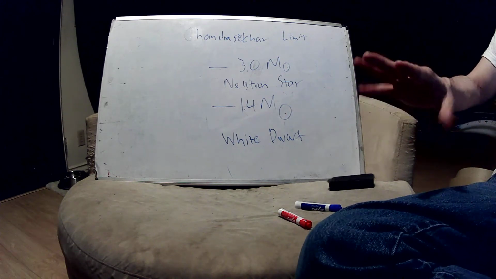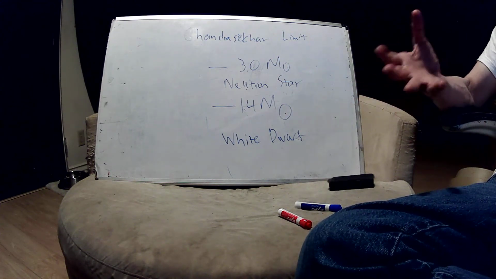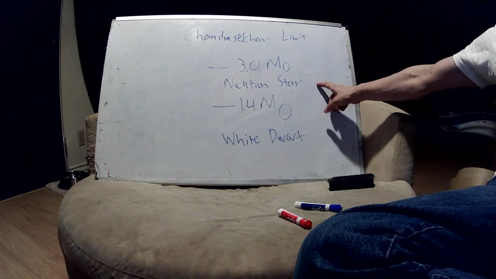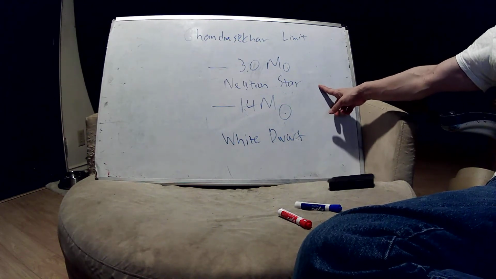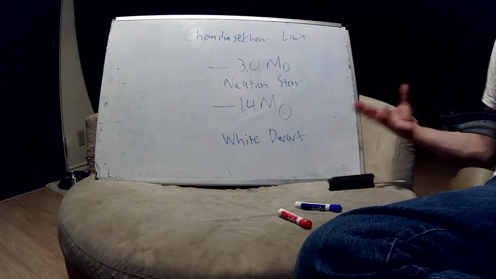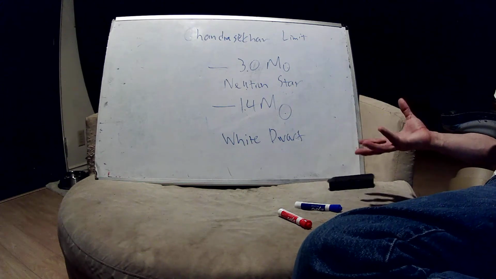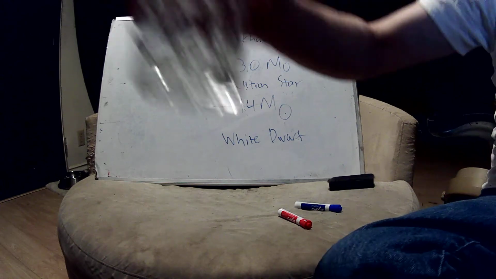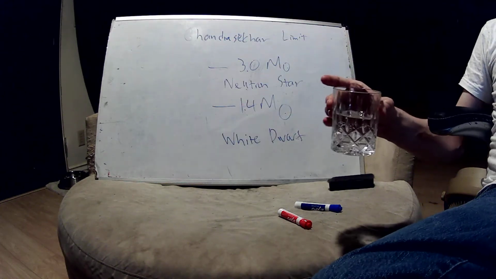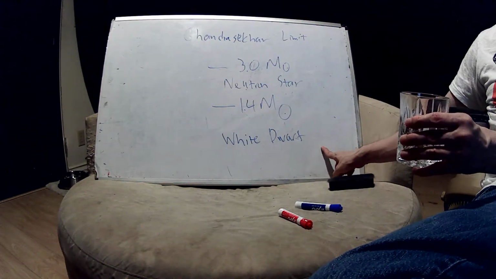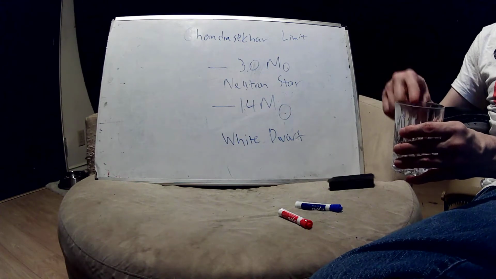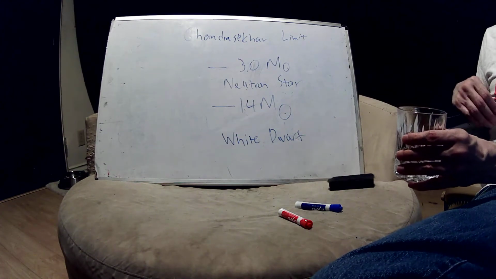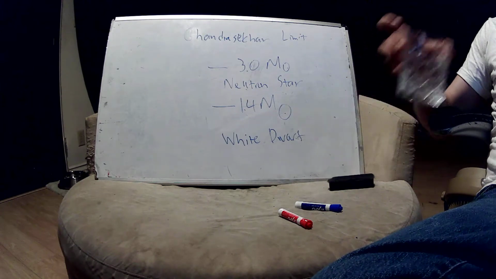And if we want to get a comparison of how hyperdense neutron degenerate material is, think about white dwarf material, this degenerate carbon. If you were to take a coffee mug or a water glass and fill it with white dwarf material, it would have the same mass of about 12.5 elephants.